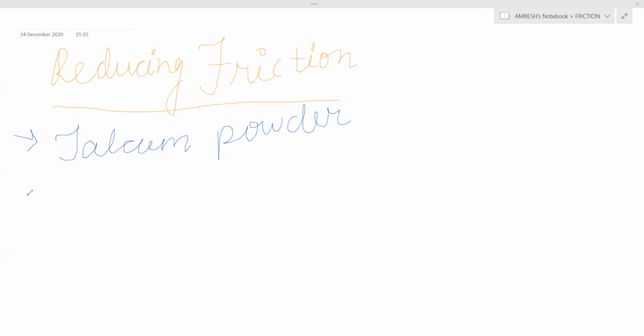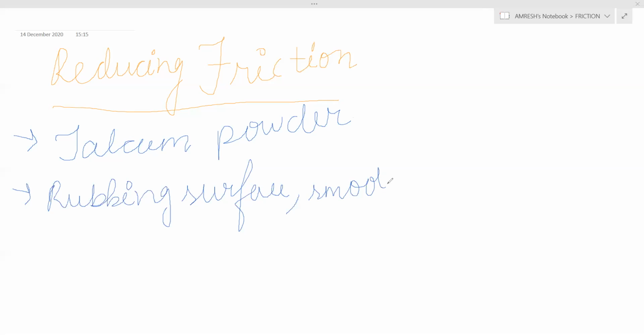Next, we make surfaces that rub against each other smooth by polishing or smoothing them to reduce friction. By smoothing or polishing surfaces that rub against each other, we can reduce friction. You know we smooth and polish. Why do we do it?